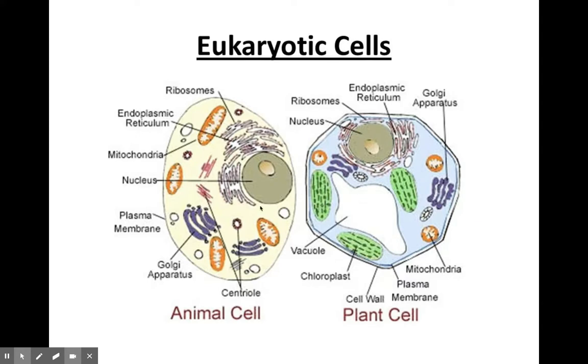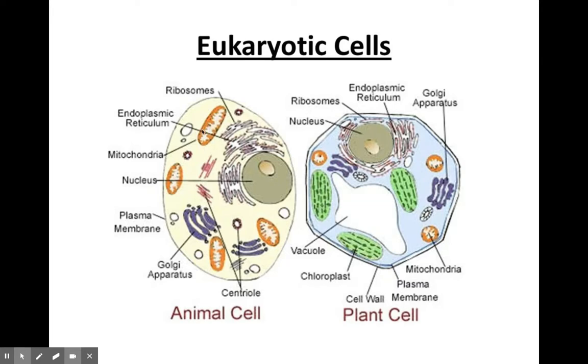So we'll talk more about the difference between animal and plant cells, but eukaryotic cells and prokaryotic cells are what we're focusing on right now. And you can just simply look at a picture and see that a eukaryotic cell is more complex than what a prokaryotic cell would be. And the dead giveaway there is that eukaryotic cells have a nucleus and prokaryotic cells do not.